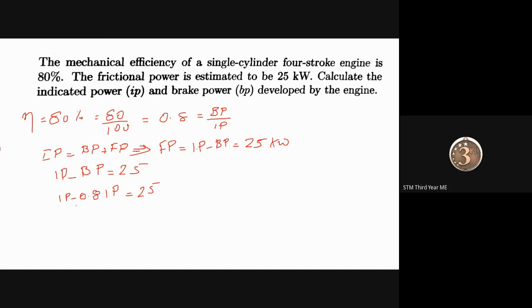So this means 1 minus 0.8, right? We will be getting 0.2 IP equal to 25. Therefore we will get IP equal to 25 divided by 0.2.